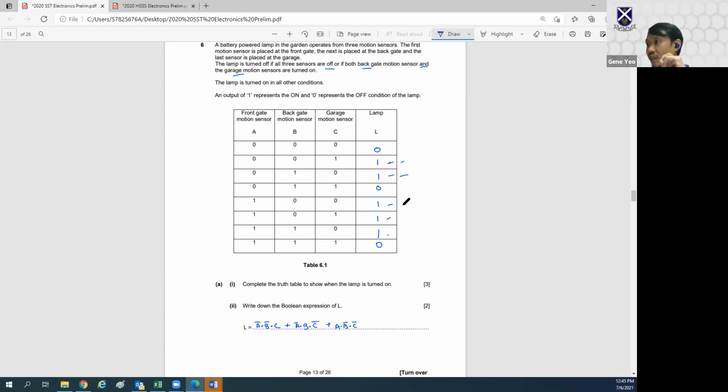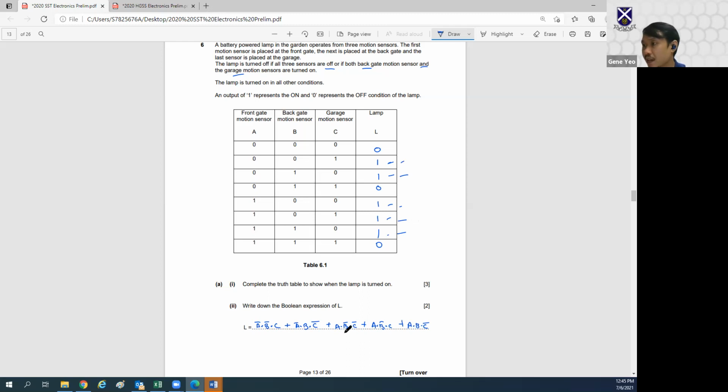Or there's a fourth situation: A, B complement, C. A and B complement and C. This is done. And now I go on to my fifth situation: A, B, and C complement. A and B and C complement. So this is done.